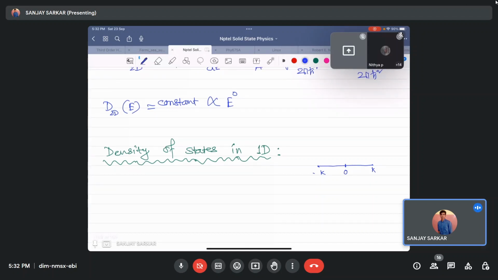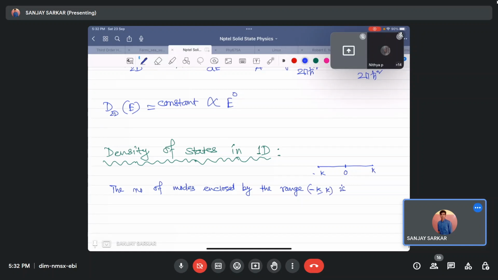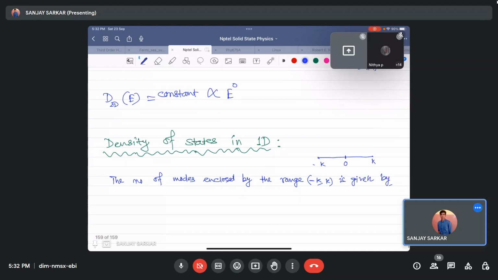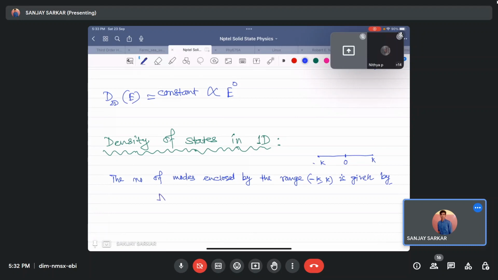So I'm directly going to write: the number of allowed states, the number of modes enclosed by the range minus k to plus k is given by n equal to g bar into L by 2 pi.